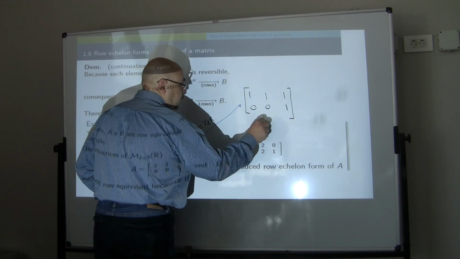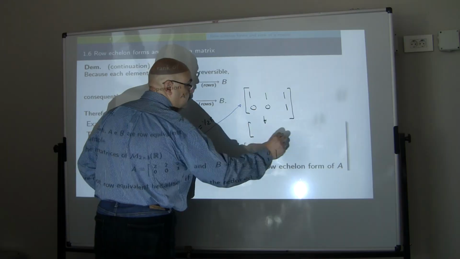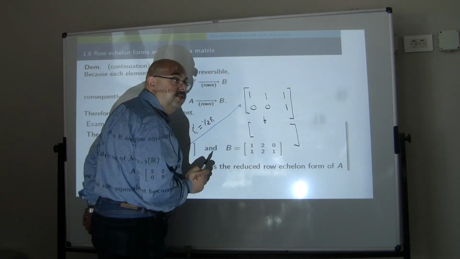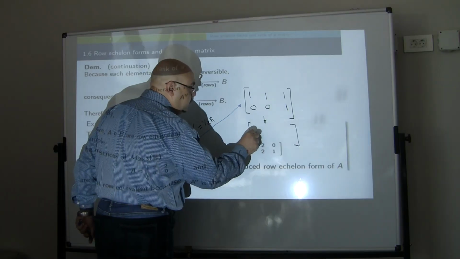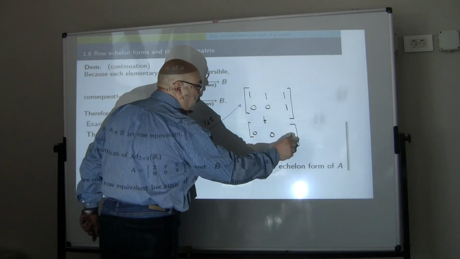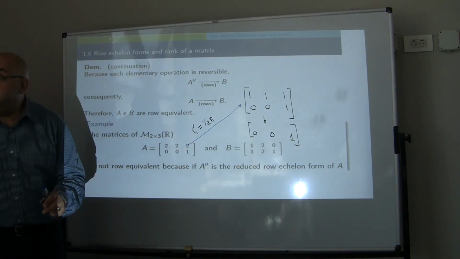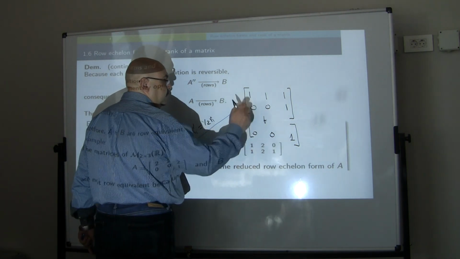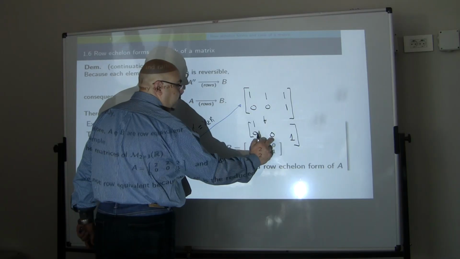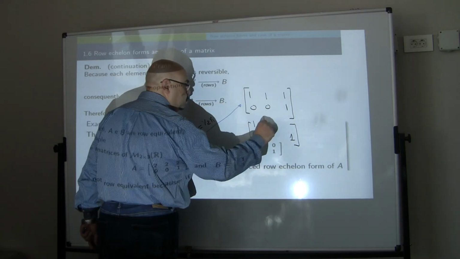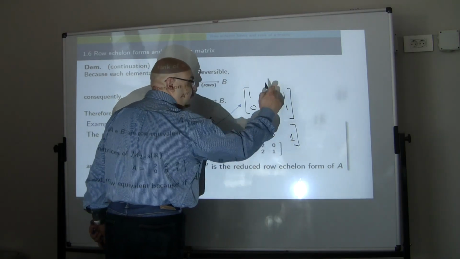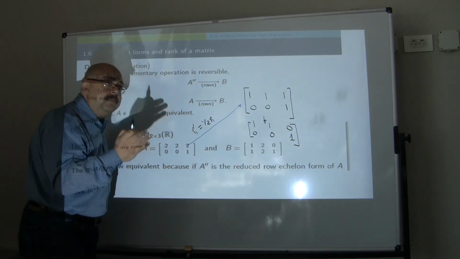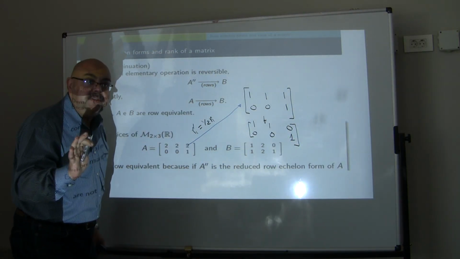So it's going to be 0, 0, and 1. This is the pivot of this row. -1 times 0 is 0 plus 1, it's 1. -1 times 0 equals 0 plus 1, so it's 1. -1 plus 1, so it's 0. This is the RREF for the first matrix.